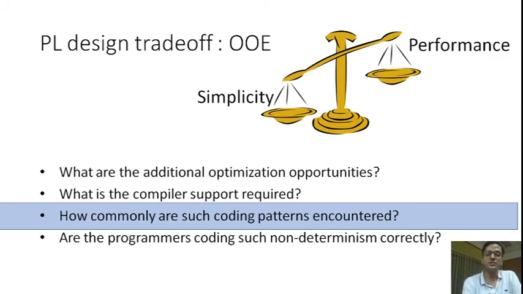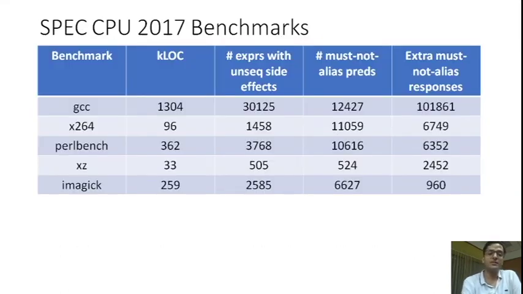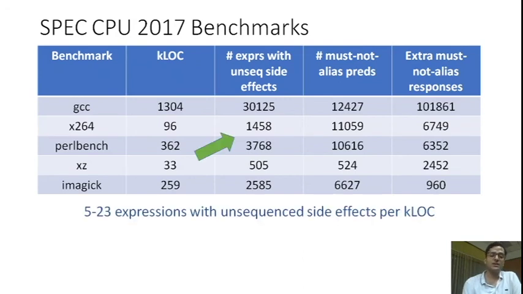How commonly are such coding patterns encountered in real-world code? To evaluate this question, we considered the SPEC CPU 2017 benchmarks. We find that there are on average 5 to 23 expressions per 1,000 lines of code that contain unsequenced side effects. This indicates that programmers are freely programming expressions containing unsequenced side effects in their programs, even when they may not be doing so for better performance.